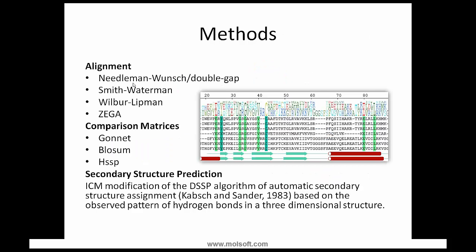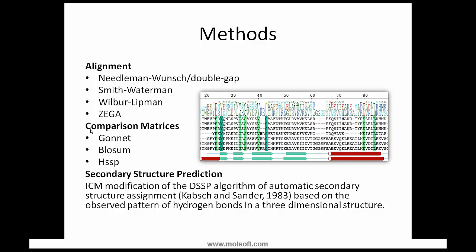So just a quick overview of the methods. In ICM there are a variety of alignment methods incorporated, so you can choose which one you want to use: the famous Needleman-Wunsch alignment method, Smith-Waterman, Wilbur-Lippman, and a Zhang method developed by Ruben Abagyan, the founder of MolSoft and currently at UCSD.